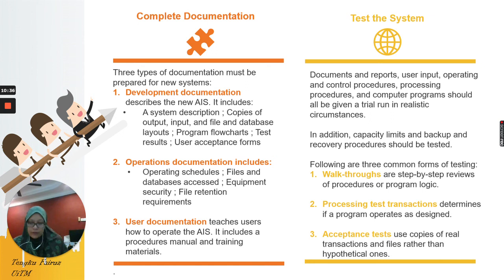They develop acceptance criteria, and then make the final decision whether to accept the AIS or not, whether to accept the system or not. They do the test on the whole system, try run the test data, and then consider the final decision whether to accept the system or not. So that is what we call the acceptance test.